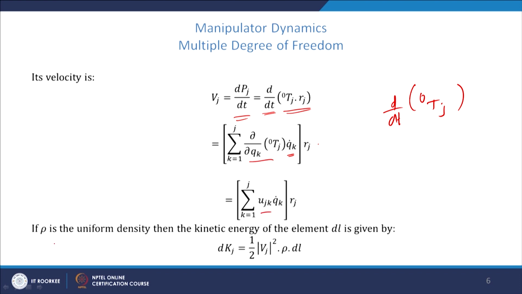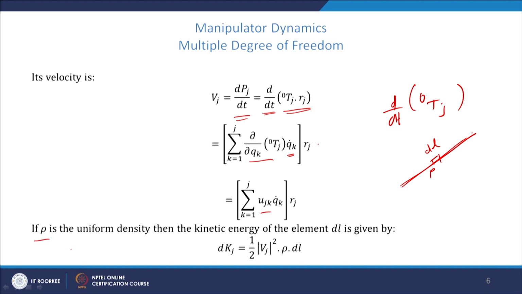Now, one point P is considered. If the link has uniform mass distribution, then at a point P we take a small element of length dl.